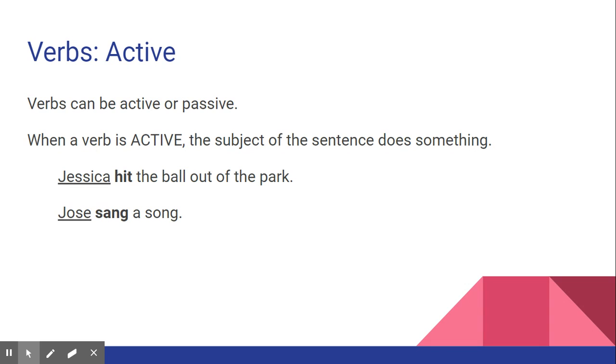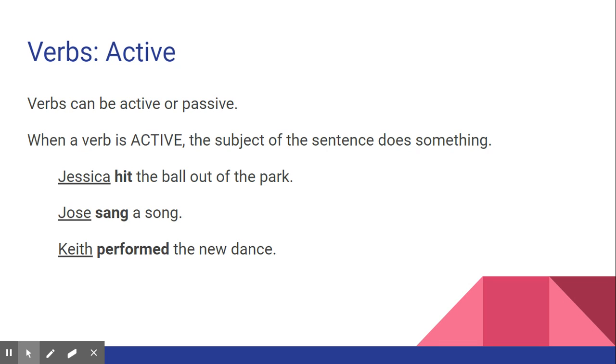Who sang a song? Jose did. And our last example. Keith performed the new dance. Performed is my verb. Who did the performing? Keith did.